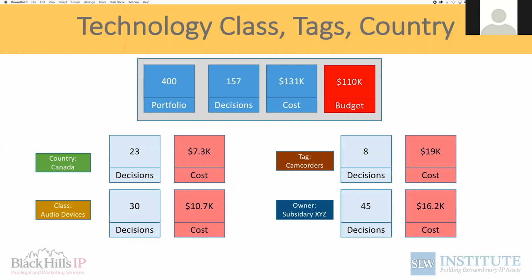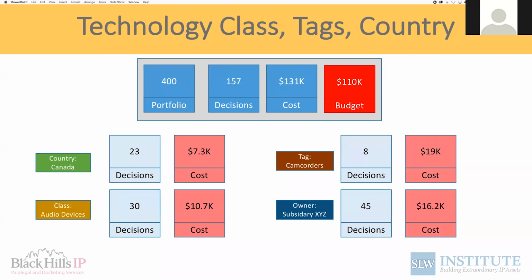Similarly, if my subsidiary XYZ company has been struggling, I can filter by their patents and see that I've got 45 decisions to make at a cost of, say, just over $16,000. Again, for the number of patents that have to be looked at, the cost isn't tremendous.